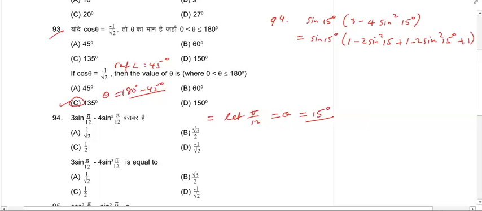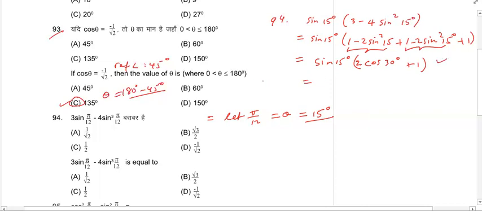Let's see, we have 1, 2, 3 minus 4 sine squared 15. That is correct. So what we have here is sine 15 degrees into 1 minus 2 sine squared 15 plus 1 minus 2 sine squared 15. We have a cos double angle, so cos 30 degrees plus cos 30 degrees, which is 2 cos 30, plus 1.